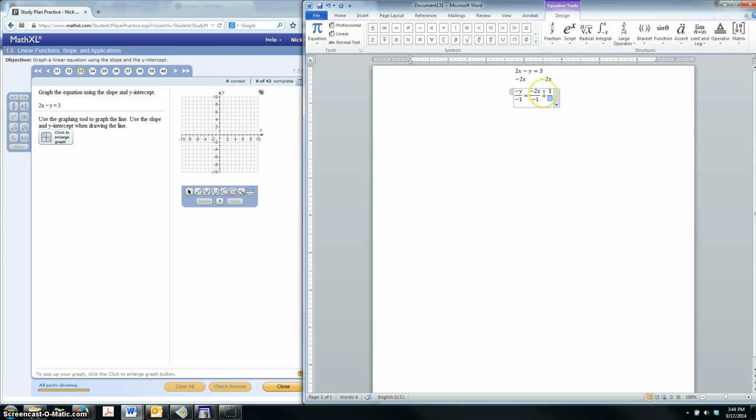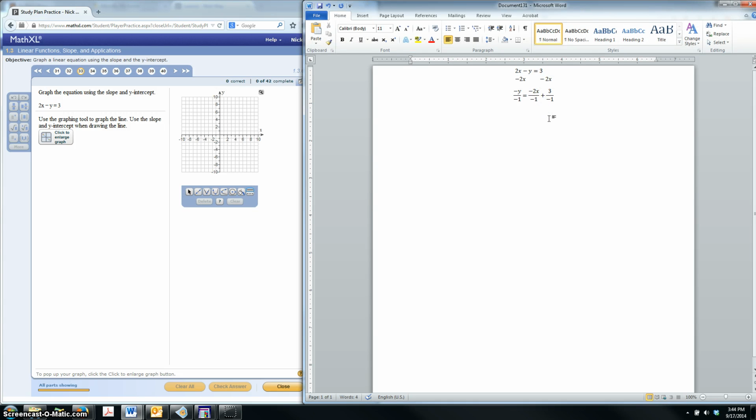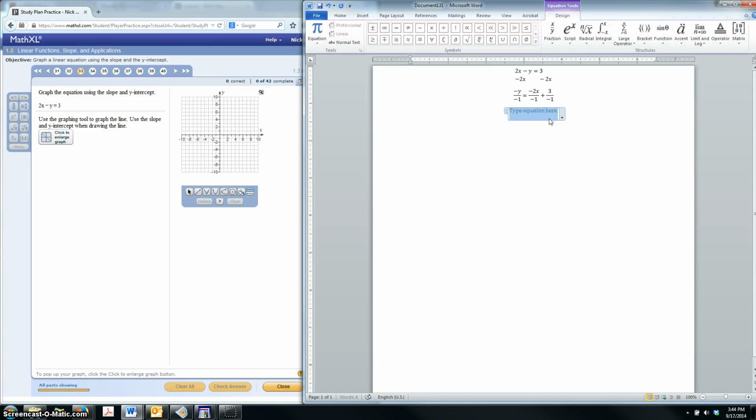Sorry, I know this is a little wonky because I have to type this all out, but it might be the easiest way for me to do this. Negative y divided by negative 1 is a positive y, equal to negative 2x divided by negative 1, a positive 2x. Positive 3 divided by negative 1 is a minus 3.